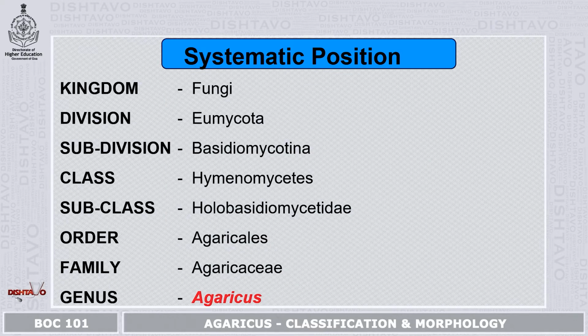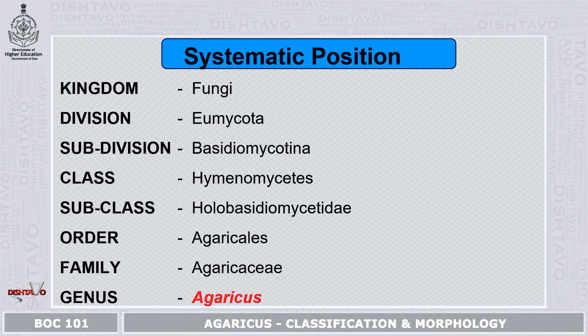The systematic position of Agaricus: it belongs to kingdom Fungi, division Eumycota because these are the true fungi, subdivision Basidiomycotina because the sexual spore produced in basidiomycetes is called a basidiospore.